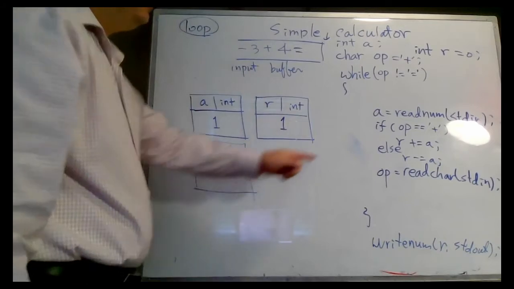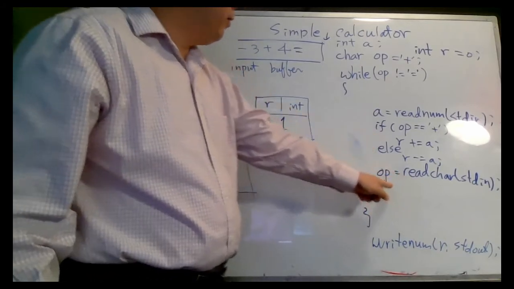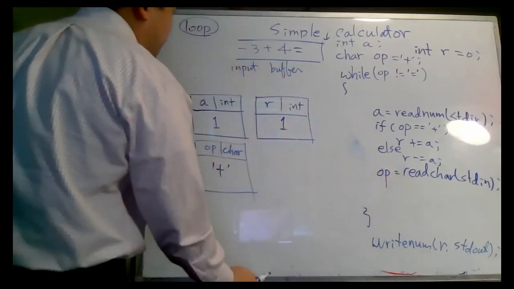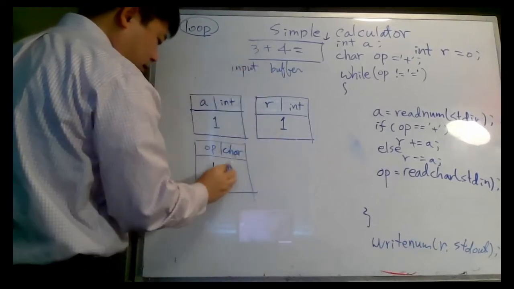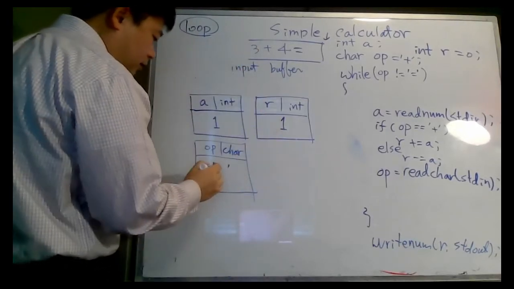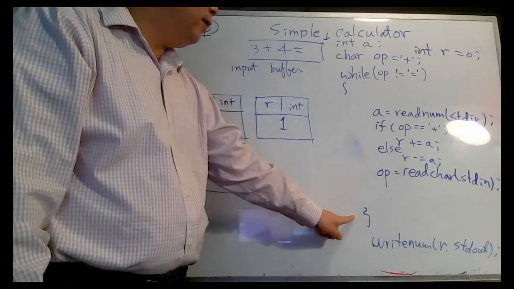Now this is 1. Then you go here and reach our operator from the standard in, that means from the input buffer. And then you're done with the first iteration.